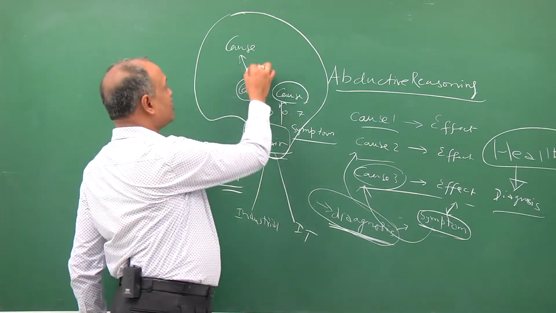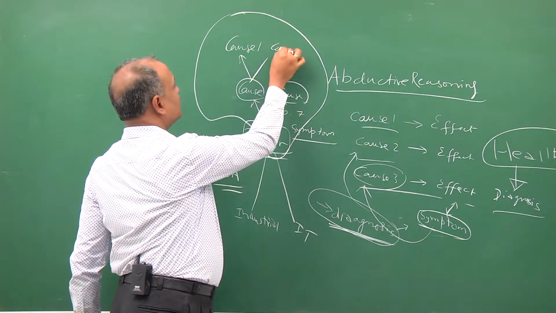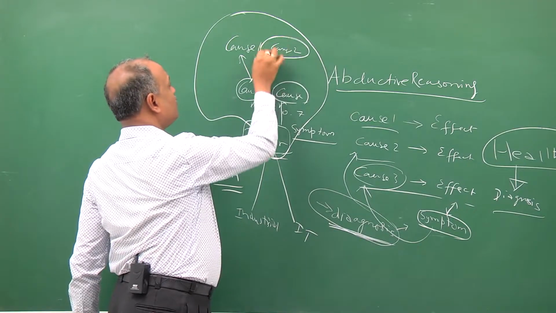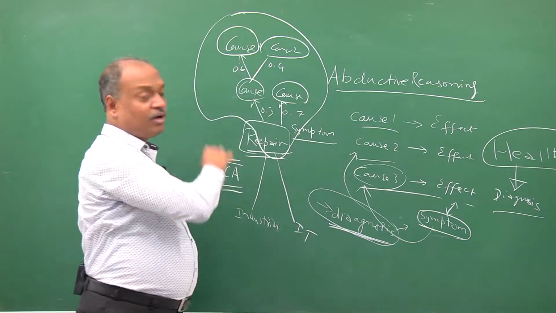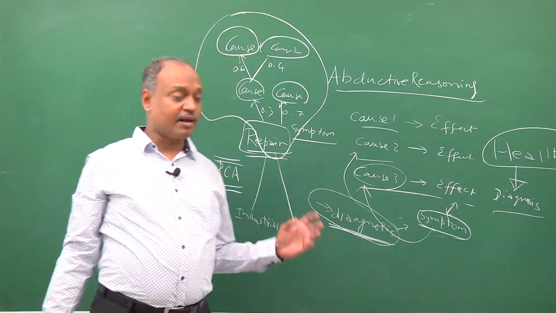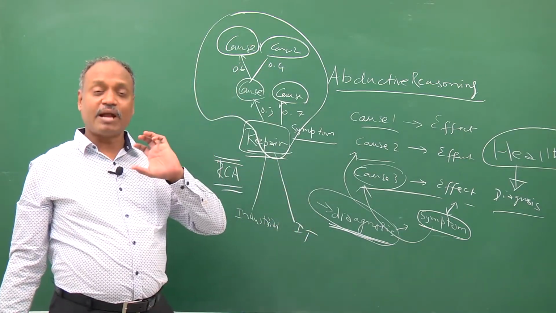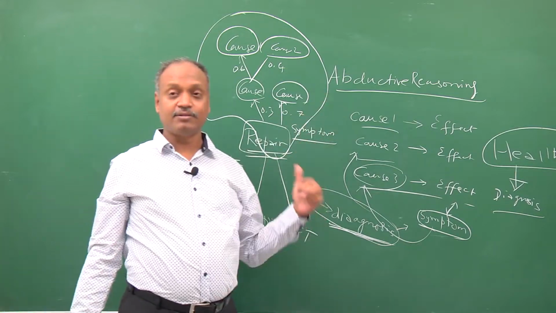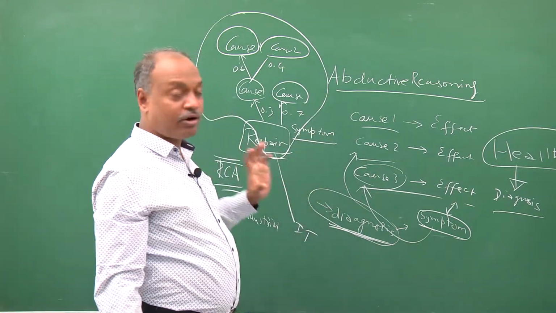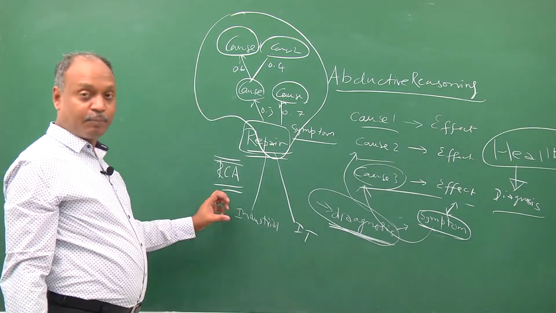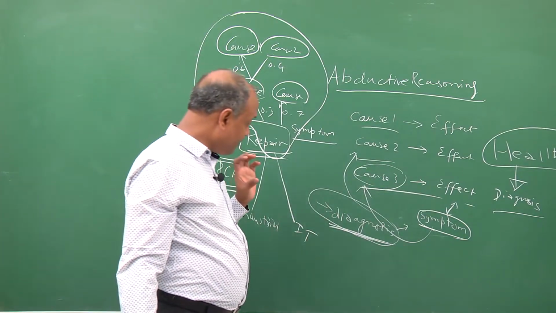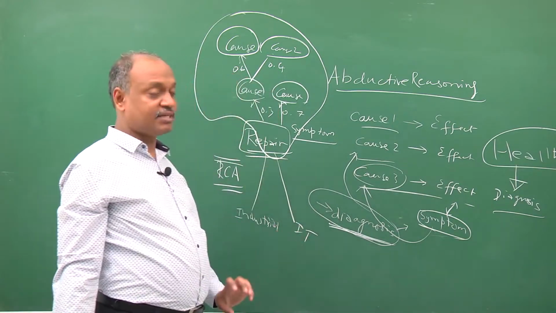This cause again can be caused by another cause. This could probably be something like 0.4, 0.6. So such kind of diagnostic networks are an important AI kind of an application where abductive reasoning is used, especially in context of either healthcare or industrial repair or IT systems maintenance, etc.